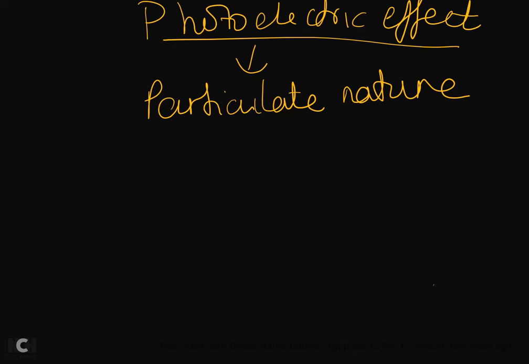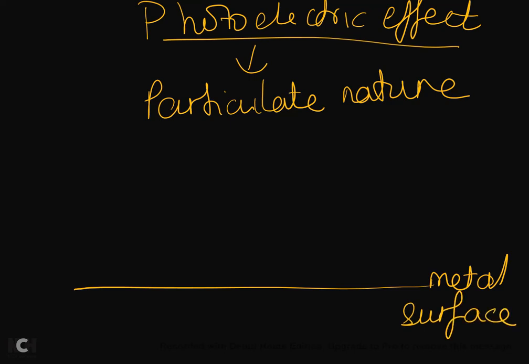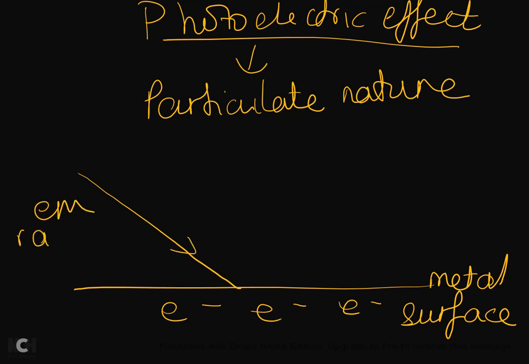So the fundamentals of the topic are: you have a metal surface, and this metal surface obviously has free electrons, right? Now, if you have electromagnetic radiation incident on it, what you are determining is that this electromagnetic radiation consists of photons.